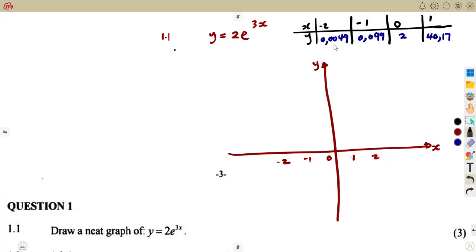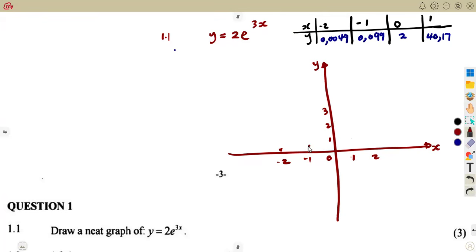We can see 0.0049. This value is very, very small. These are the y values that we are having. Compared with these values, they are very, very close to the x-axis, somewhere very close to the x-axis.